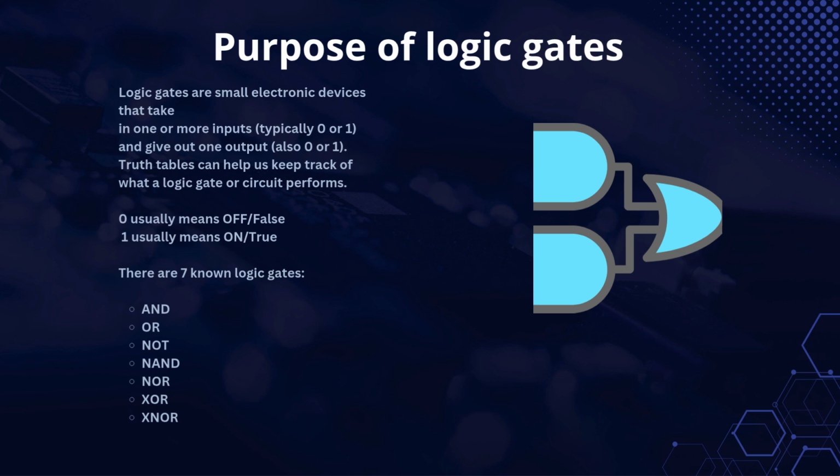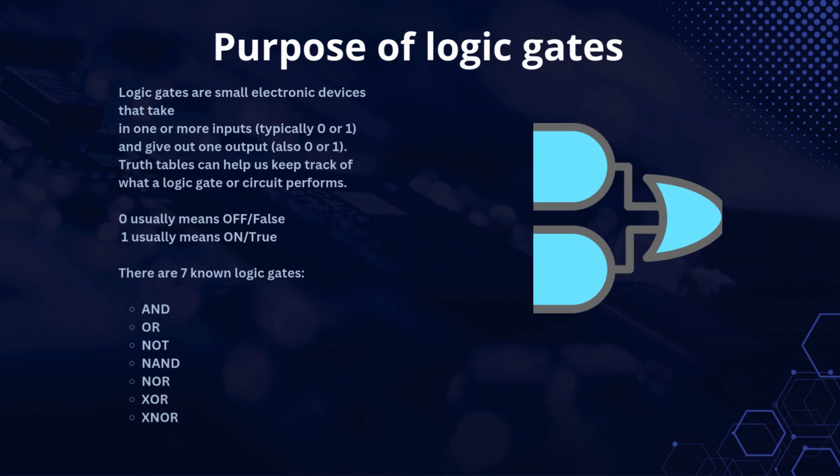So what's the purpose of logic gates? Logic gates are small electronic devices that take in one or more inputs, typically 0 or 1, and give out one output, also 0 or 1. Truth tables can help us keep track of what a logic gate or circuit performs.